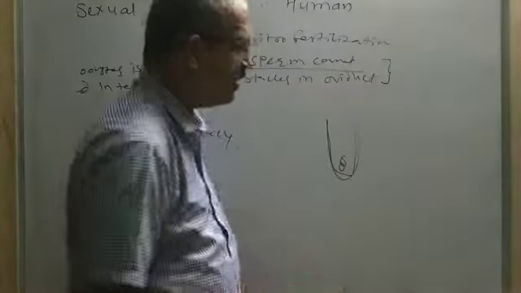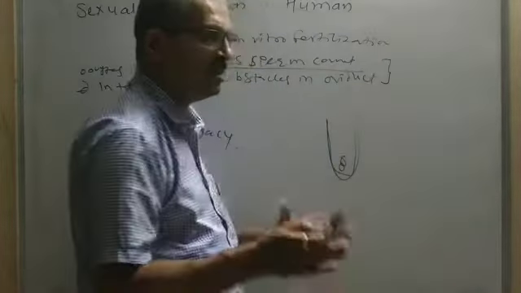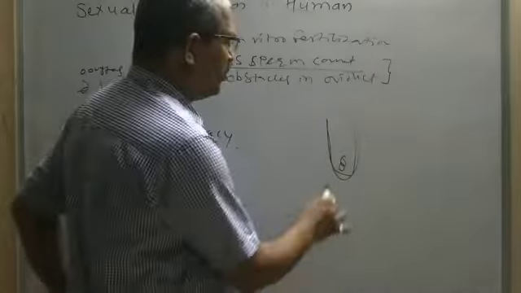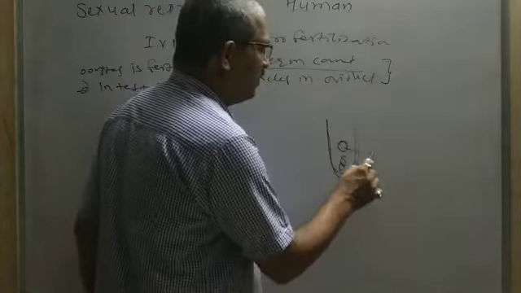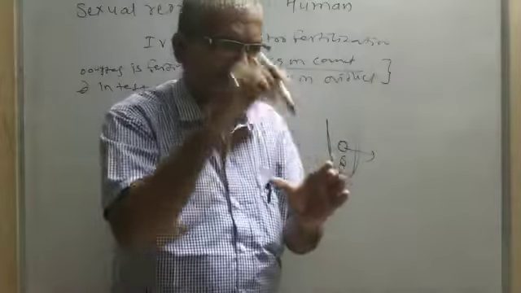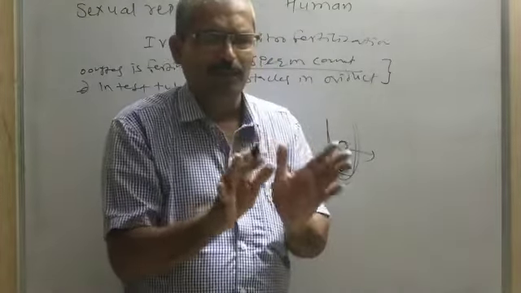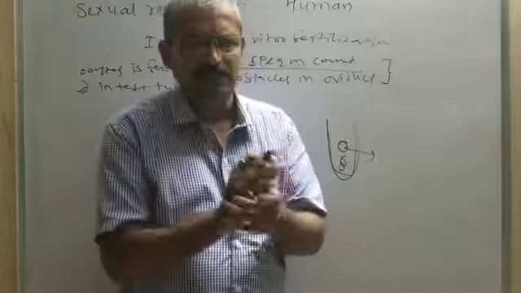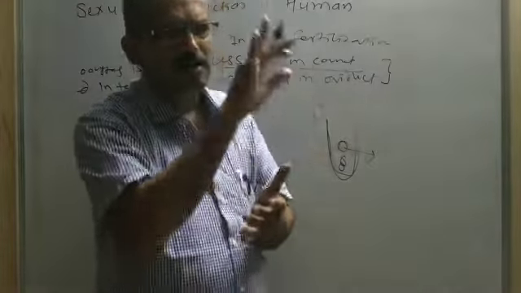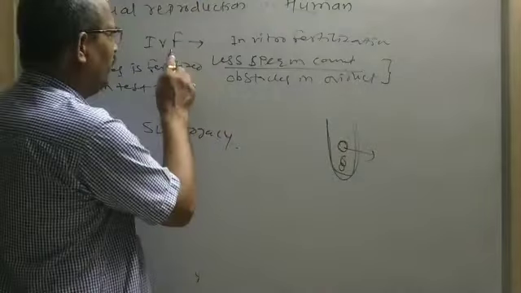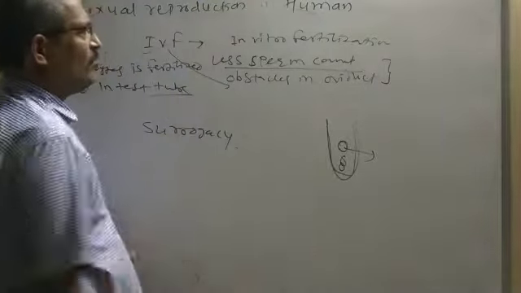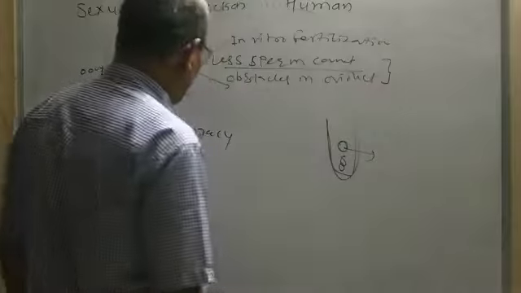When fertilization is brought about artificially, then a zygote is formed. This zygote is again introduced at an appropriate, specific period in the uterus of the female, and in this way that female gives birth. That is called in vitro fertilization.